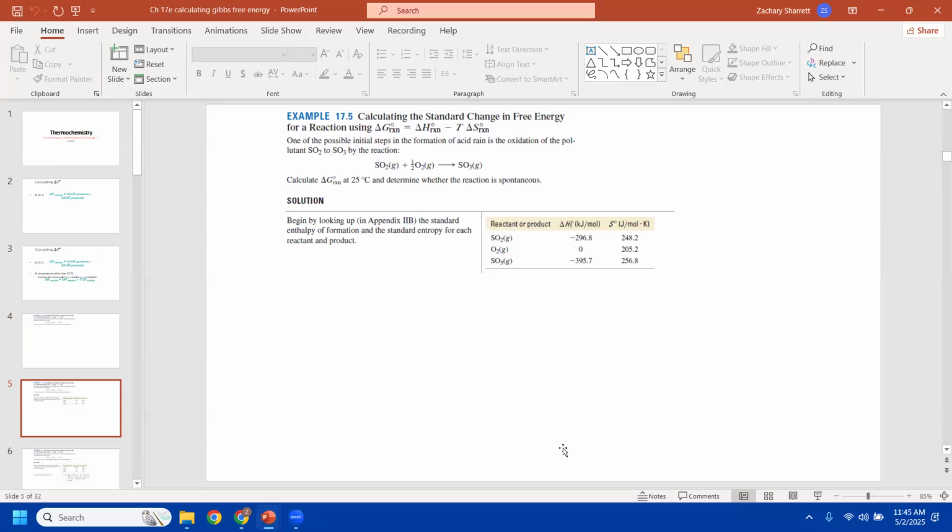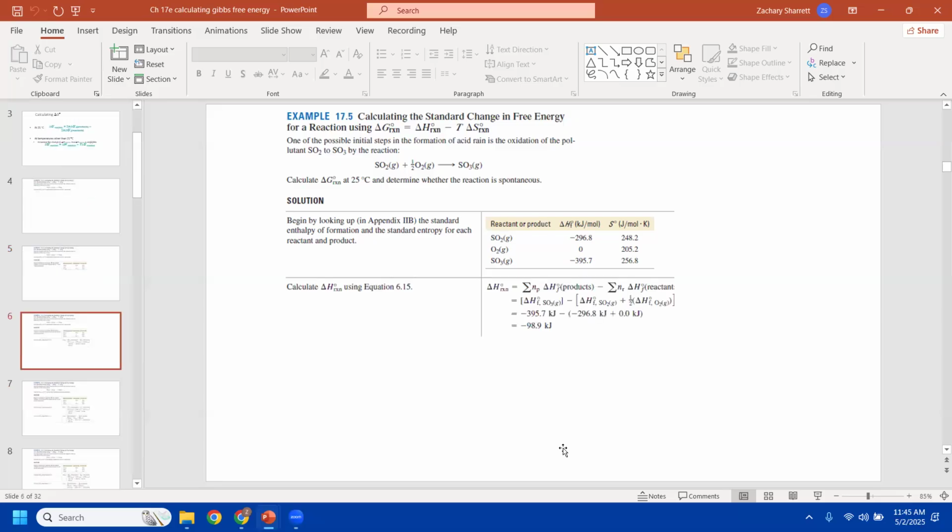So let's look and see if sulfur dioxide plus oxygen will produce SO3. We're going to calculate delta G at 25 degrees by doing the products minus the reactants. So we're using this equation, delta G equals delta H minus T delta S. We have to find delta H, right?